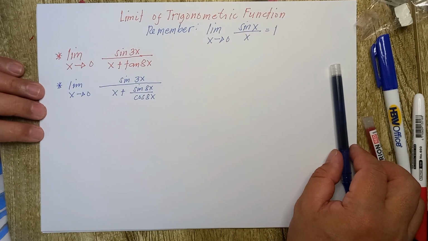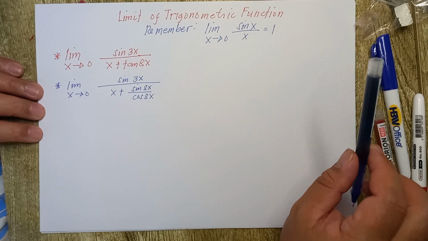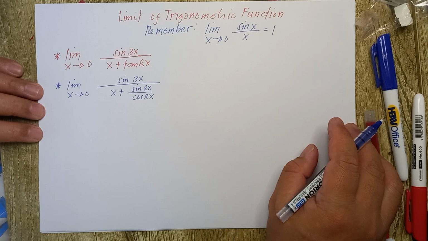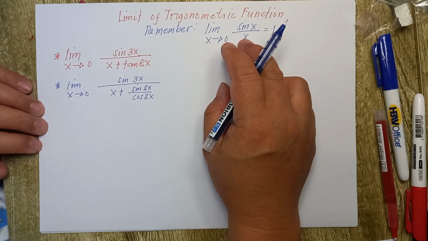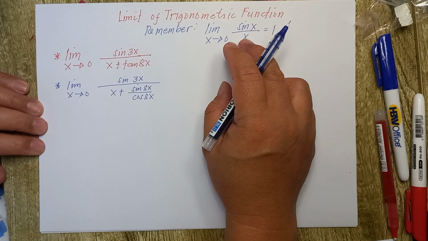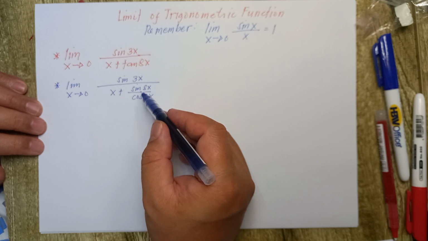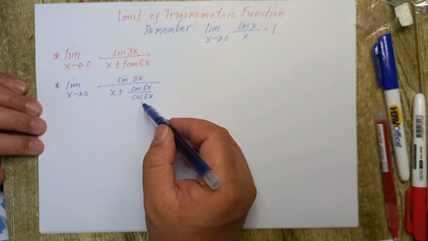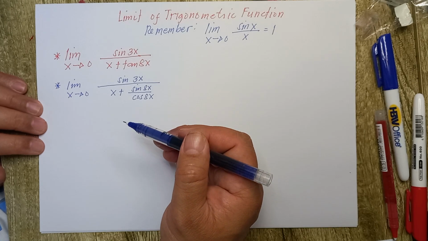Now, with that, we are going to simplify the limit before we apply this one again. So how are we going to do that one? We might reduce the sine 8x over cosine 8x by having again a multiplier which is 1.